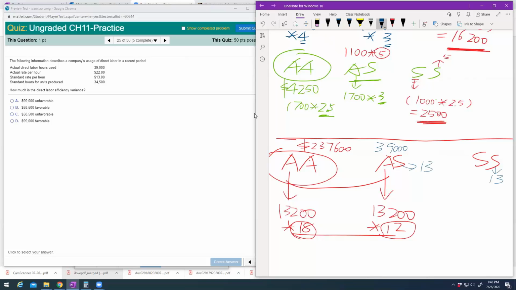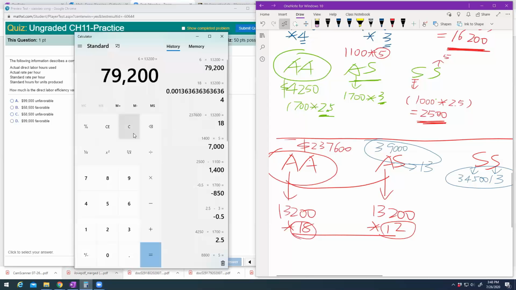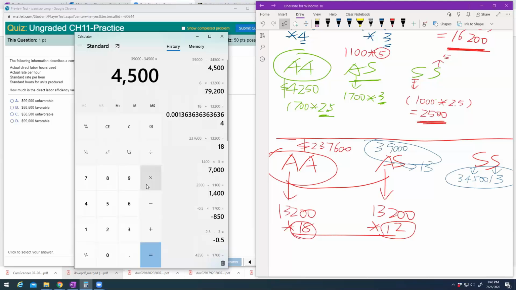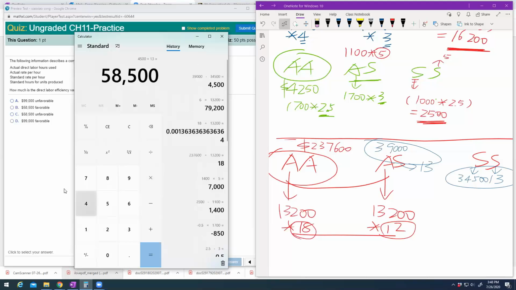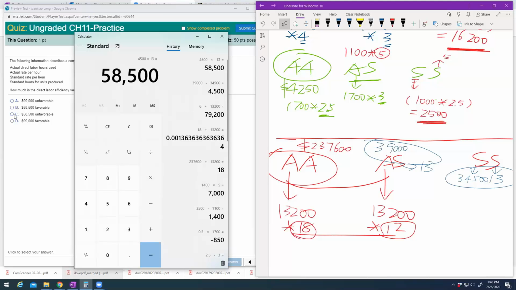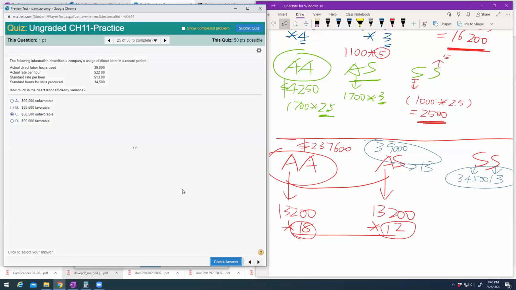Standard hours, this just told you, is 34,500. This is straightforward. The standard said you use 34,500, but actually you used 39,000. So you used 4,500 more, and each hour you pay 13. So you will have 59,500 unfavorable.